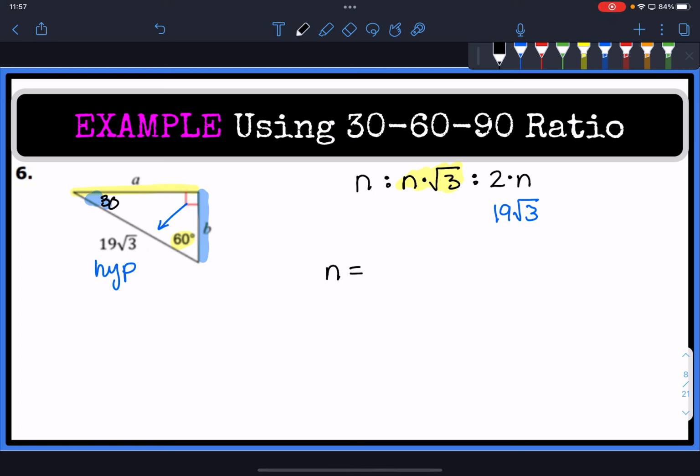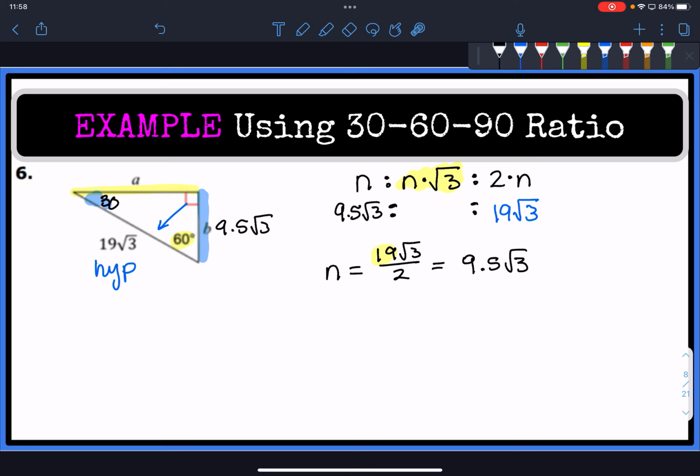So n is going to equal 19 radical 3 divided by 2, which reduces to 9.5. 19 divided by 2 is 9.5, and then we have that radical 3 right there. So the short side, which I've highlighted in blue, measures 9.5 radical 3.